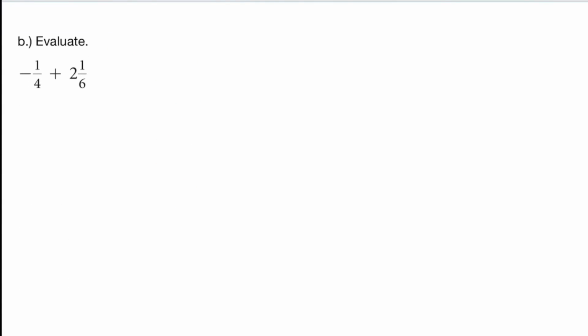Let's go to example number 2. I have a proper fraction and I'm adding a mixed number. The first thing I need to do is change my mixed number to an improper fraction.